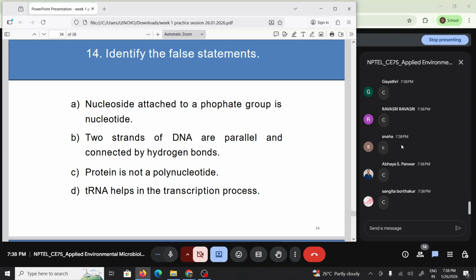Another question, a couple of questions more, just this and the next one, and with that we are done for the day. You have to identify the false statements.